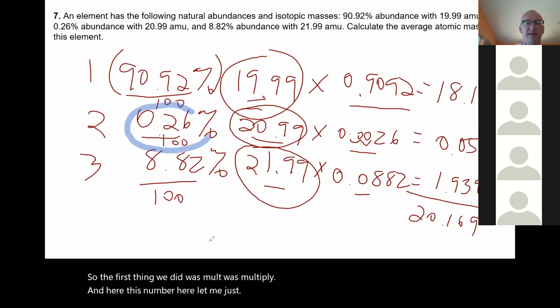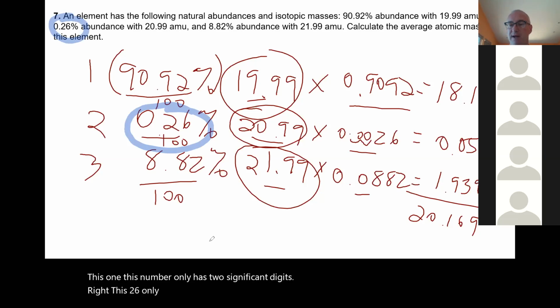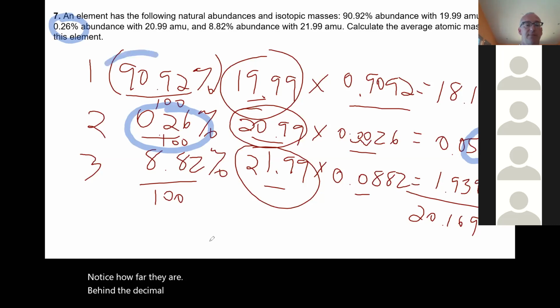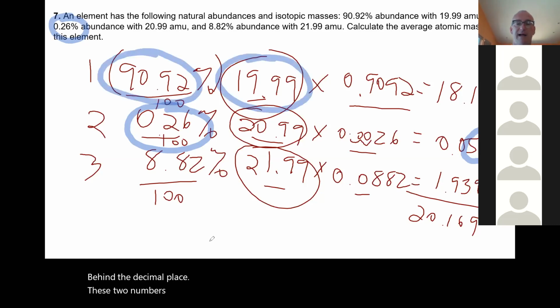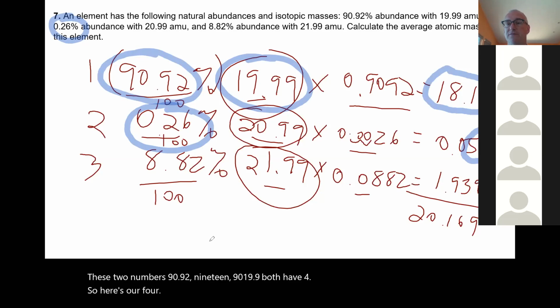This 0.26 only has 2 significant digits, but notice how far they are behind the decimal place. These two numbers, 90.92 and 19.99, both have 4. And 8.82 has 3 significant digits.